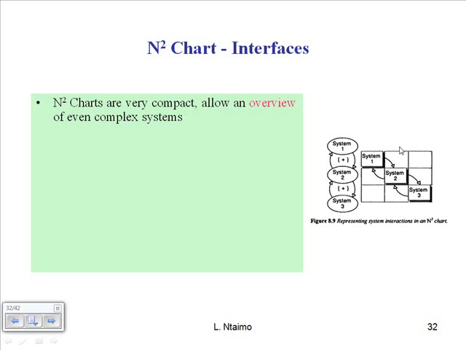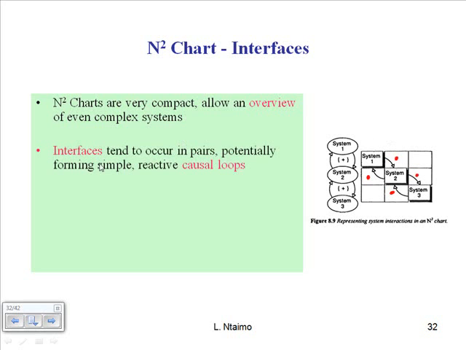Here is an example where I have three systems. So I have system 1, system 2, and system 3. And you can see there is some interaction. So in these particular cells, there is interaction going on.